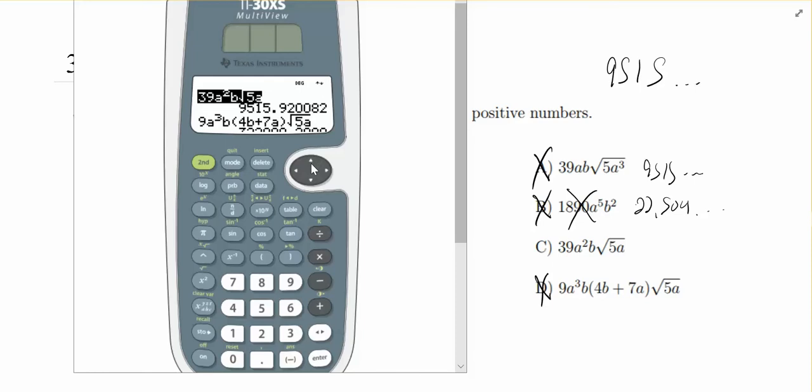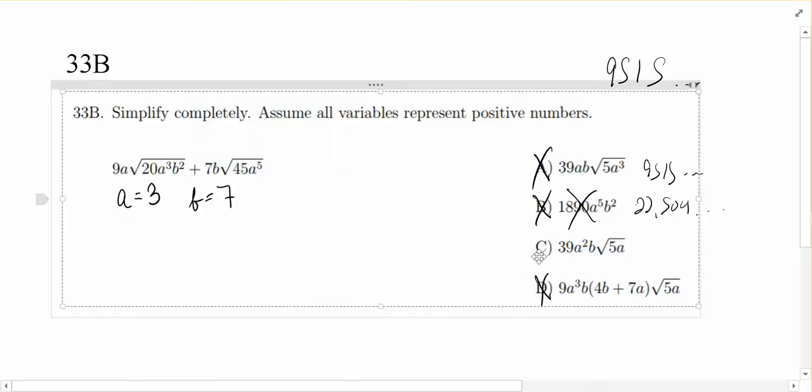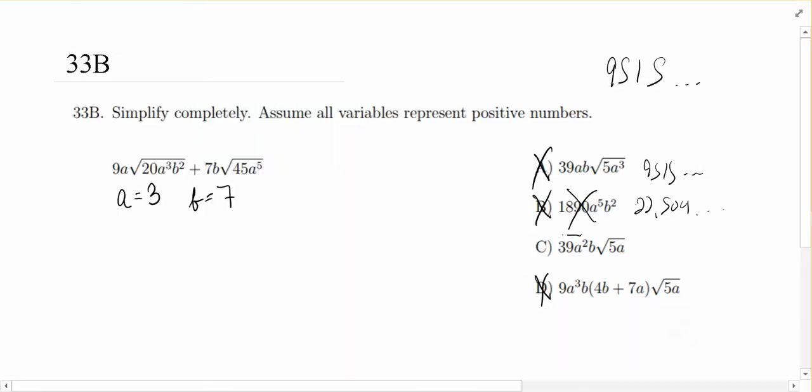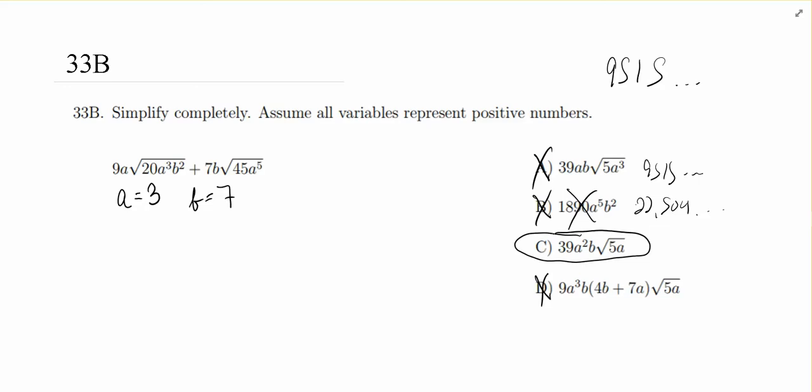We can see that the 39a squared, the c, is equivalent, but this d is not equivalent. So this is where we get the answer of c does work, since a is the unsimplified version of it. So again, that was not efficient. I want to stress that the method I showed there is not an efficient way of solving problems. It's just a method you can use if you're completely stuck.